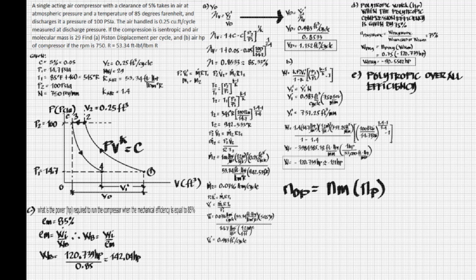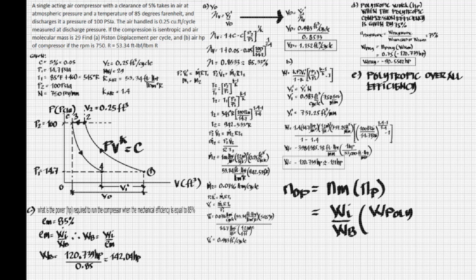And this is equal now, if you break down the value of the mechanical efficiency, we have your work indicated, and this is all over my work break. Okay, and multiply by the work polytropic, or work poly for short.